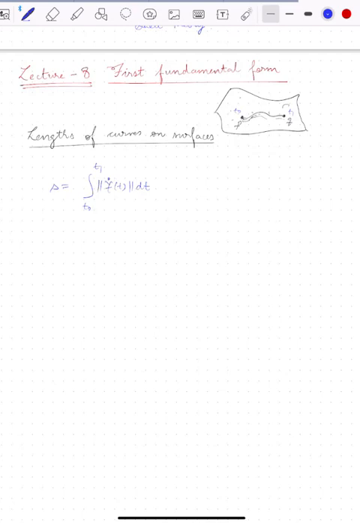This will give us the total arc length, S total. Which means that we need to determine the tangent vector.